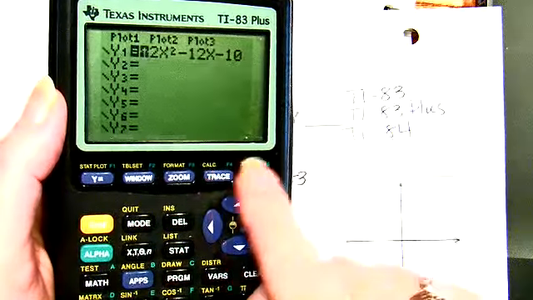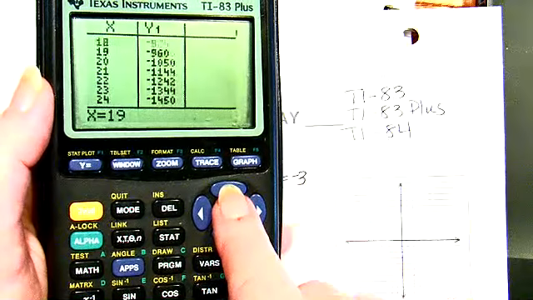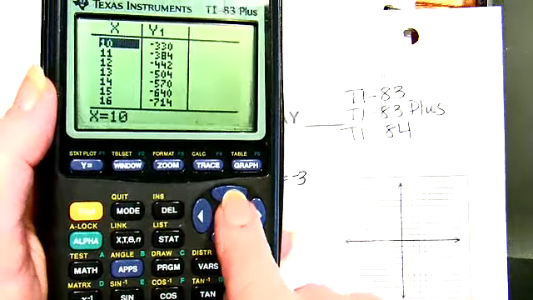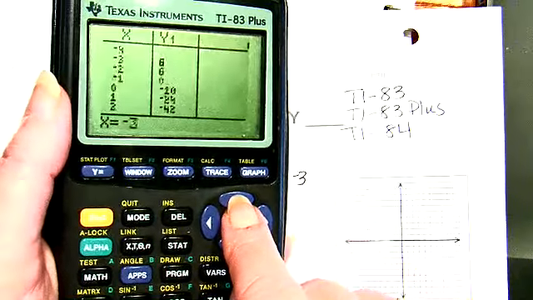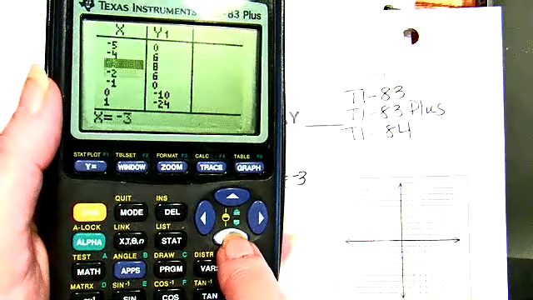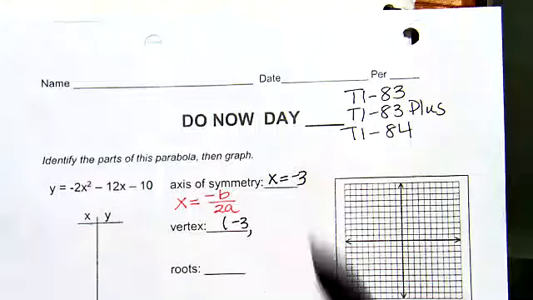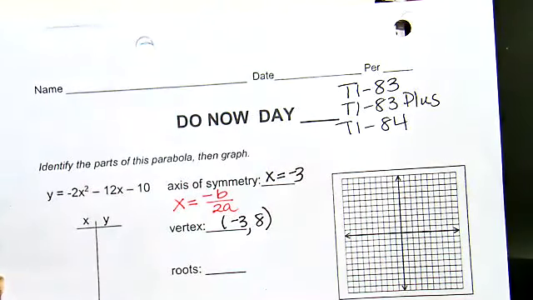So I'm going to go second table, and wherever you are, you're going to use the arrow up or arrow down until I get negative 3. There it is: negative 3, 8. And so there's my vertex.